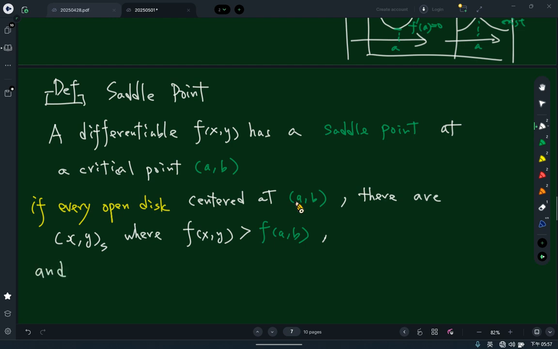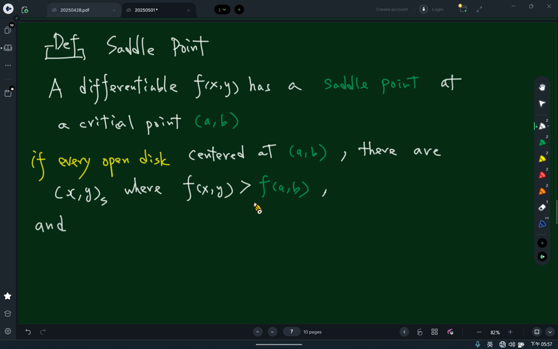If every open disk also centered at AB, so maybe I already defined that.